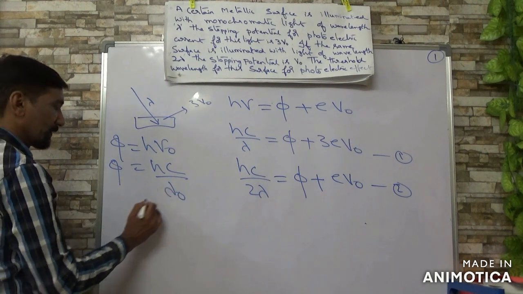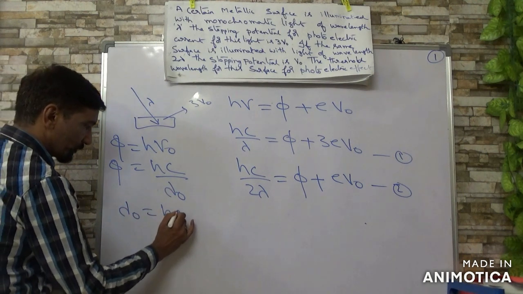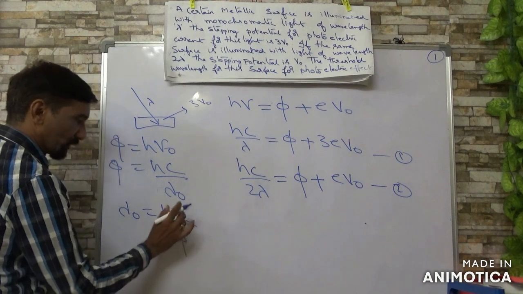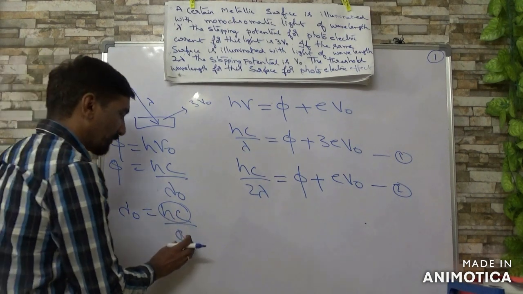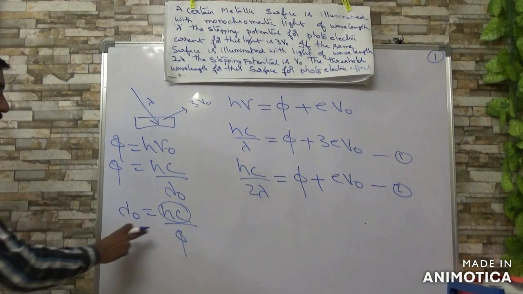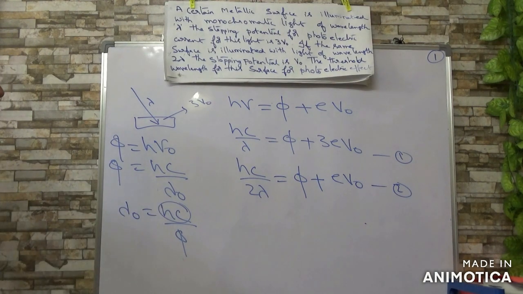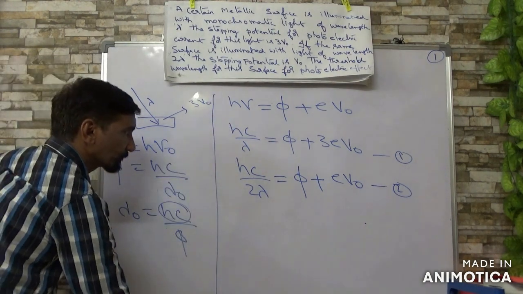So in order to find lambda naught, you require the work function and the product hc. So first we need to find the work function and also this product hc value.